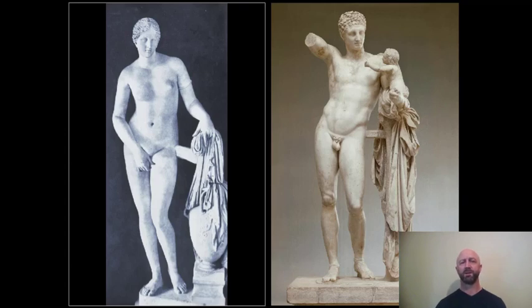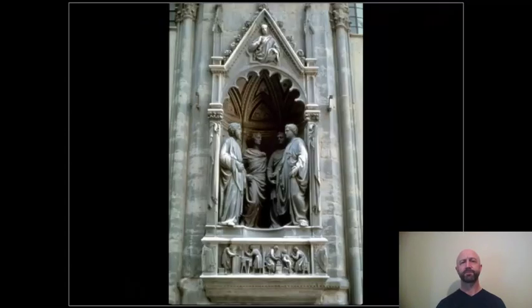But the big point is, if you're looking at these bodies, these are representations of the perfect ideal based upon what's known as a canon of proportions, perfect proportionality throughout the body to indicate a kind of idea of the divine existing in this world all around us.